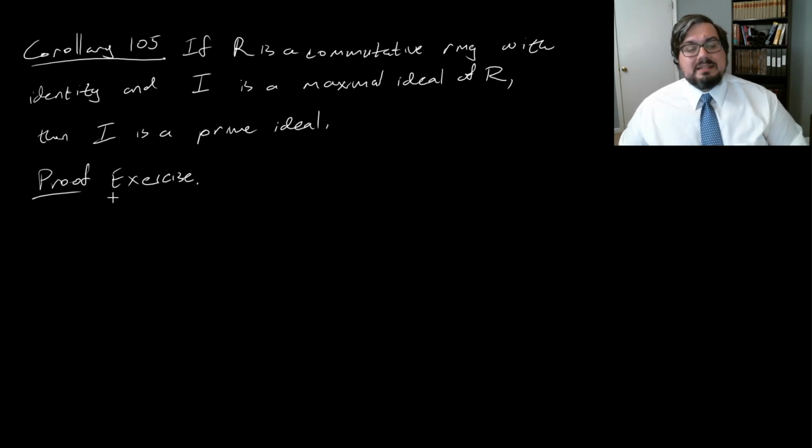So this means that in a common scenario we're dealing with, commutative rings with unity, maximal ideals are a subset of prime ideals. Every maximal ideal is a prime ideal. Maximal ideals are very, very special.